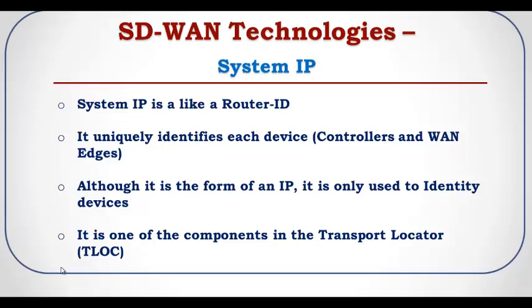And then color, via which I am going. Am I going through MPLS or through internet? That is color. Third in the TLOC is how I am going. Am I going encrypted using IPsec, or am I going to use the normal internet?